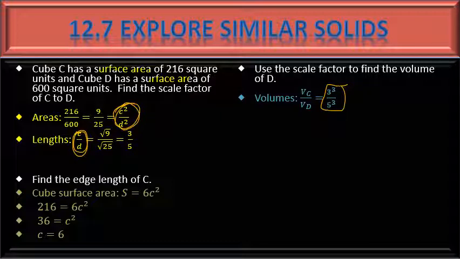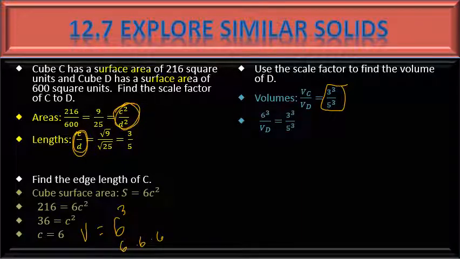Alright, the volume of C would be 6 cubed, side cubed. The base is 6 times 6, and the height is 6, so it's 6 times 6 times 6. So I fill that in for the volume of C.